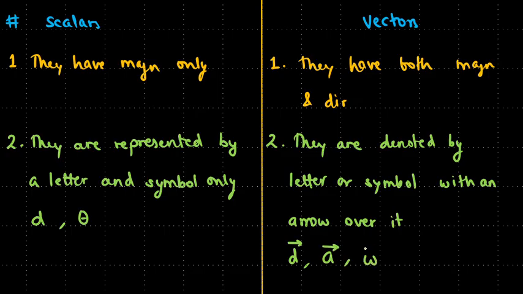Or you can take angular velocity, so it will be omega with an arrow over it. So there are multiple vectors that you can take, and there are multiple scalars, and we talked about how they are represented or denoted. So this is the second point.